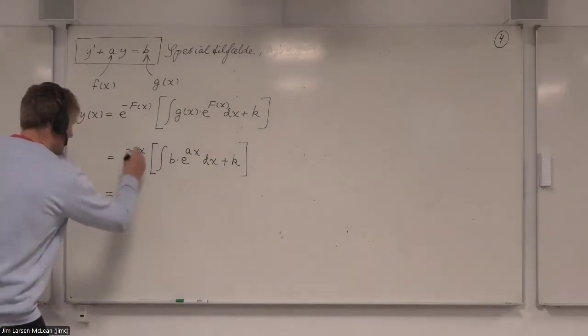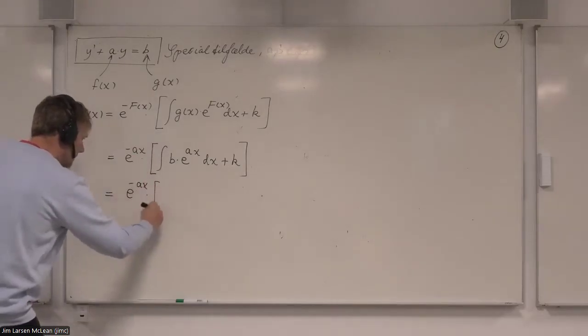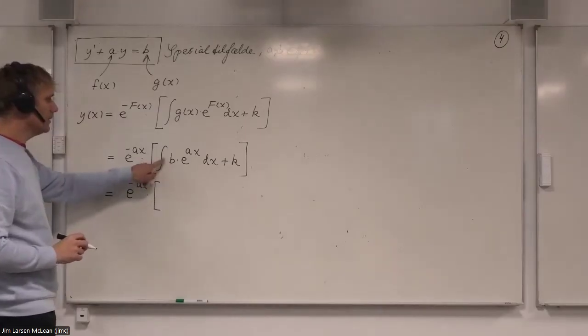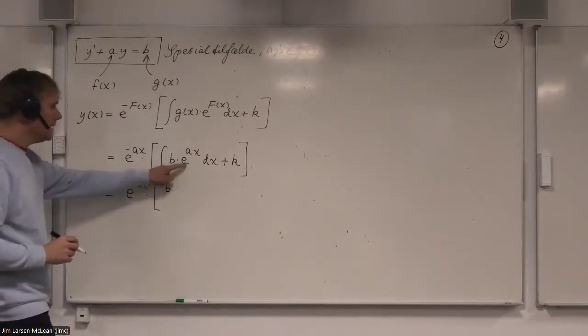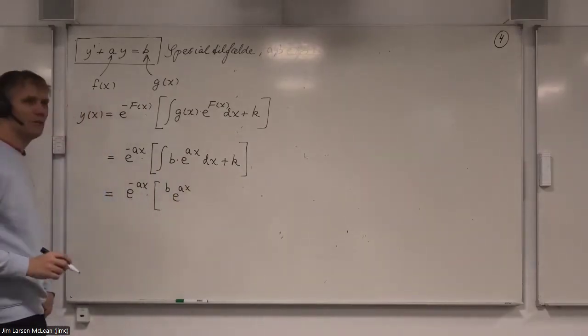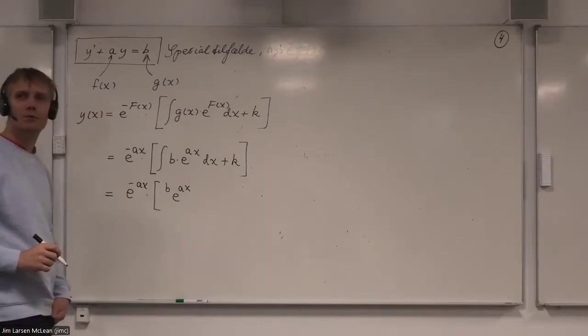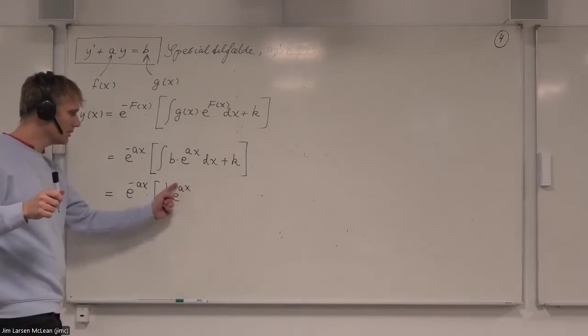So let's continue the calculation. This is copy paste: e to the power of negative ax. b is a constant, so I can set it outside when I integrate, so it just remains there. e to the power of ax integrated gives itself, almost, because e to the power of ax is a composite function. If you differentiated it, you would multiply by a at the end, because the inner function is ax.